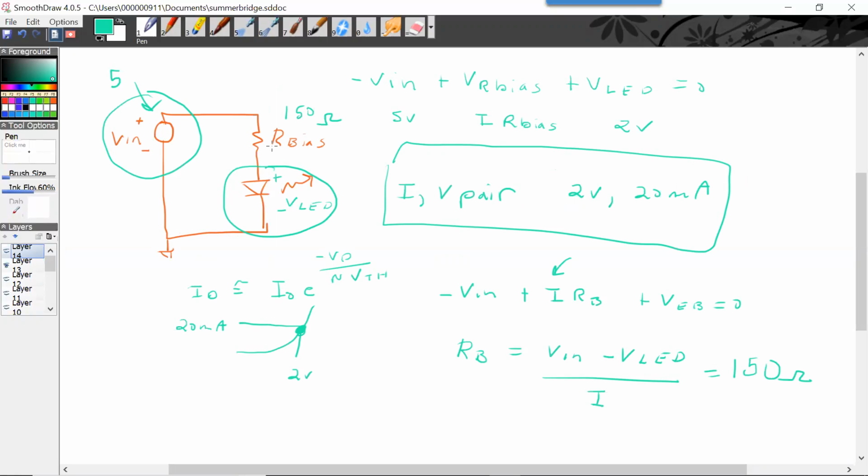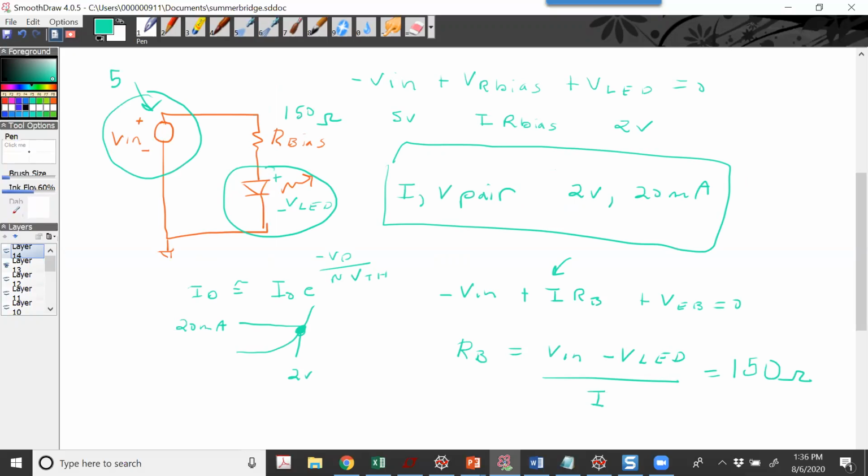So the R resistance that makes that happen is 150 ohms. Okay, great question. Expected or designed? I want that bias to be that. But I think that's a good synonym.